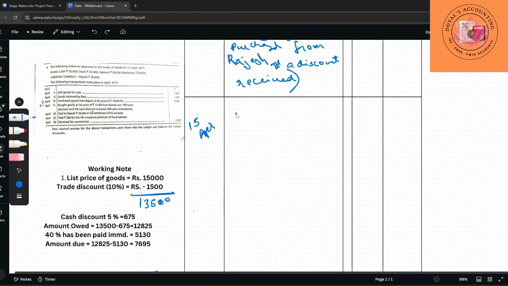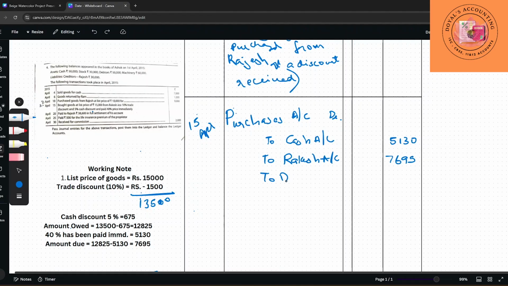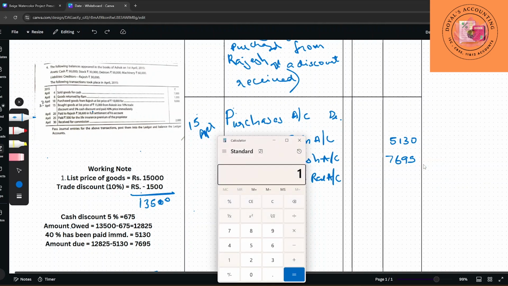So let's write the journal entry now for this. Purchases account debit to cash account 5,130, to Rakesh account 7,695 and to discount received account, which will be 1,500 plus 675, which is 2,175.